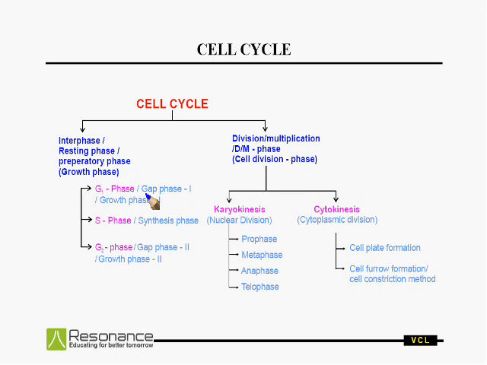Later, whenever the cell obtains its maximum size, it will follow the division phase, which is further configured in two phases, karyokinesis and cytokinesis. Now we will discuss this cycle by a diagram, and later on we will take each and every substage with its description.